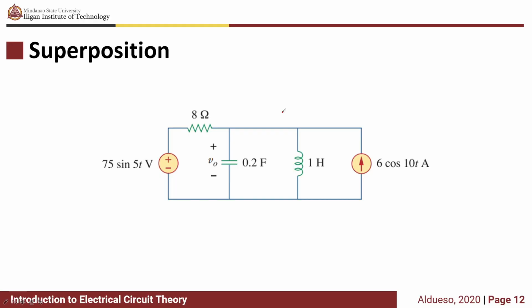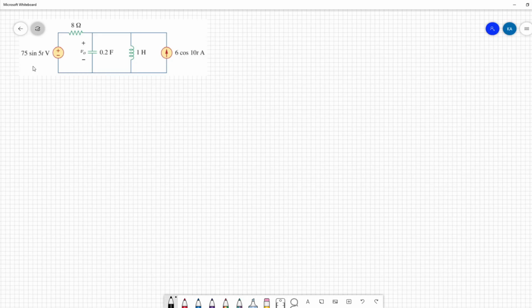So next example, use superposition to find the expression VO in time domain. So first, let's label the sources as V1. This is I1.